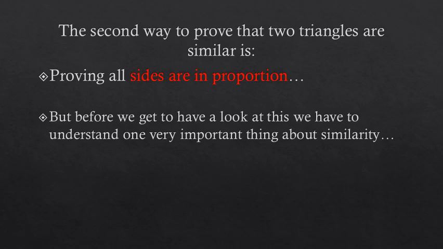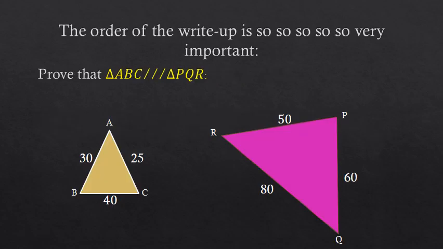But before we go and have a look at this, we have to understand one very important thing about similarity. The order of the write-up is so very important. The order that they ask you, or they say to you, prove that that triangle is similar to that triangle, is so important.